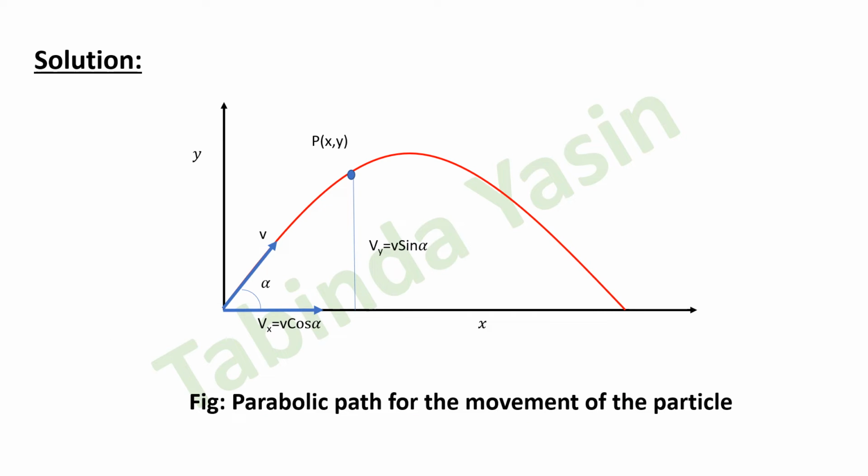Here we have two coordinates x and y. We have a parabolic path of the particle.